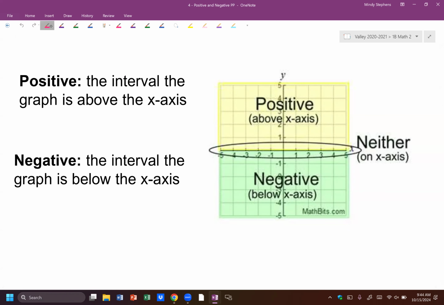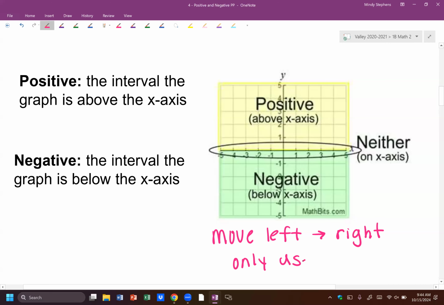So write that on your paper, actually, just so we don't forget. Always move left to right. And only use parentheses. I spell parentheses wrong.